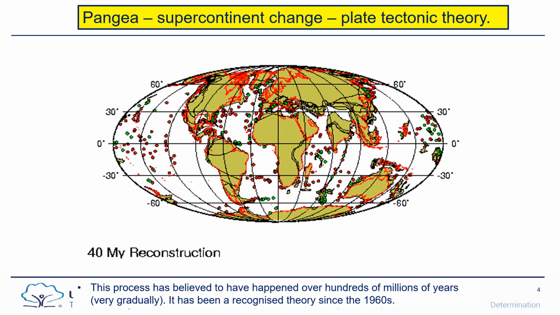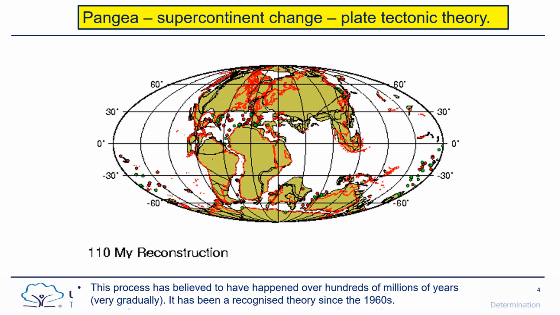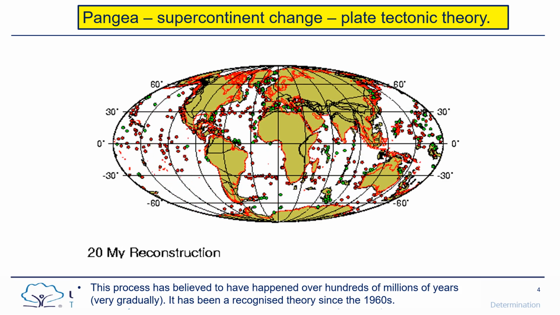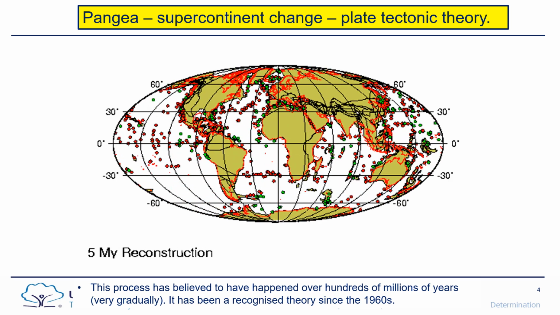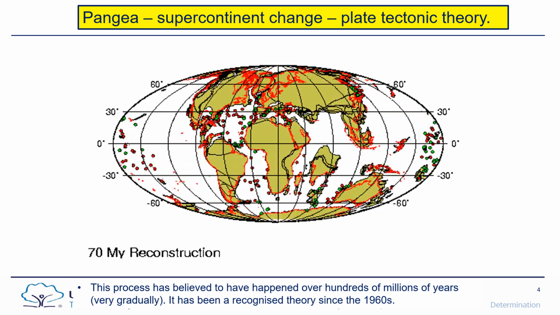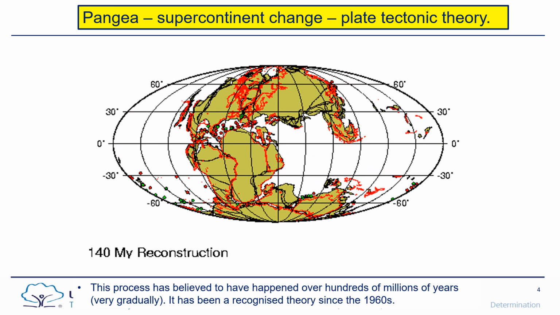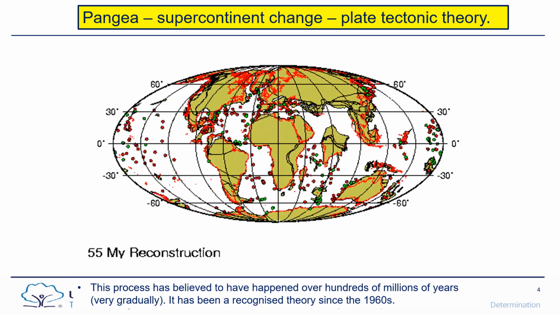And that's because if we look back millions of years, Earth was connected. All of the continents were joined together, and this was known as Pangaea.